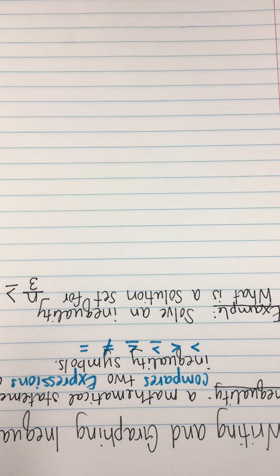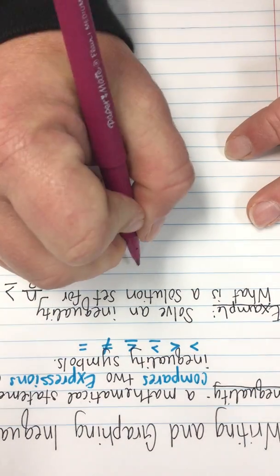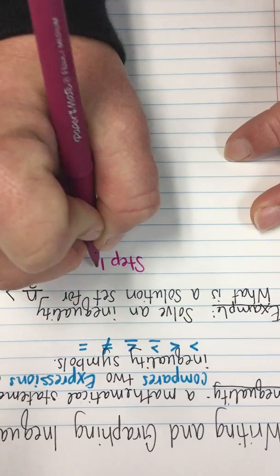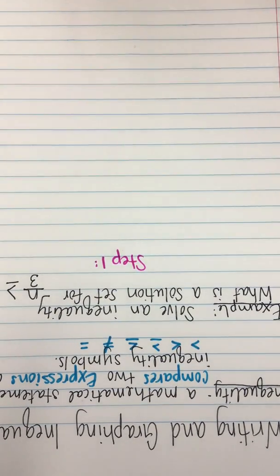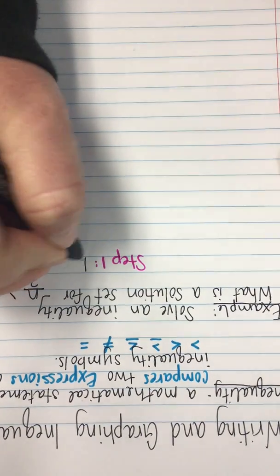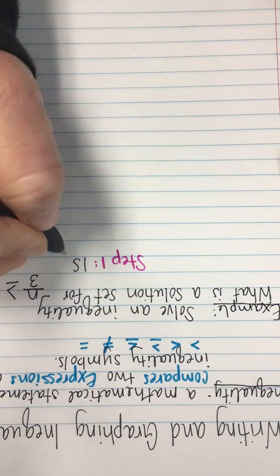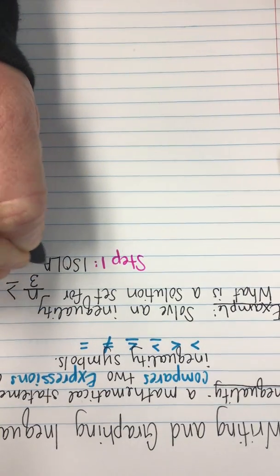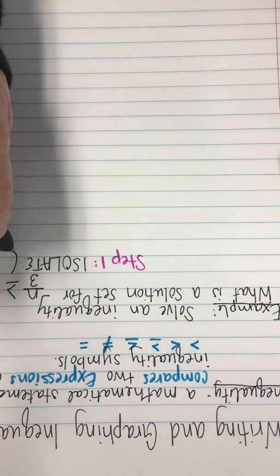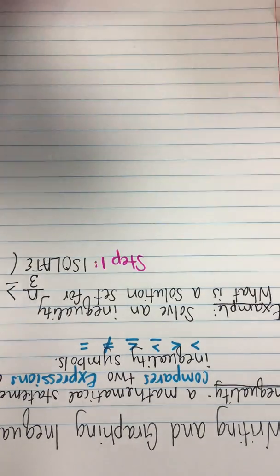Solving inequalities is just like solving an equation. You're doing the inverse operation. So step one is to isolate, and isolate means by itself.